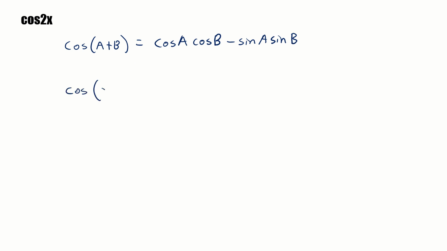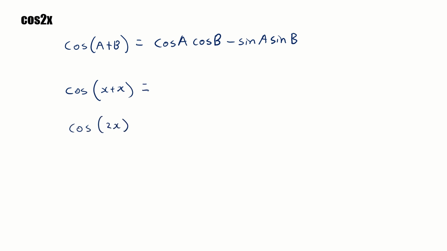The second one comes from doing the exact same thing with cos of a plus b. Cos of a plus b, according to the formula booklet, is equal to cos of a cos of b minus sine of a sine of b. Then if we look at x plus x, again that will give us the identity for cos of 2x.